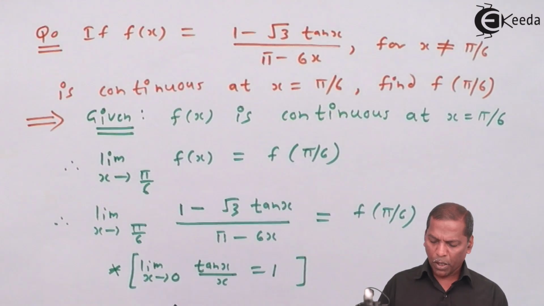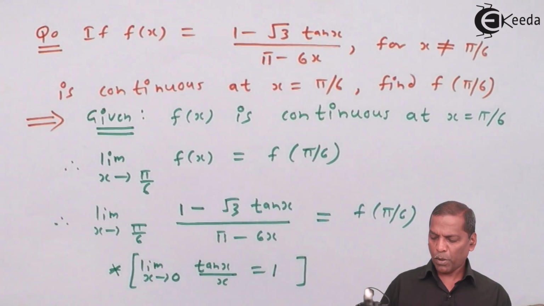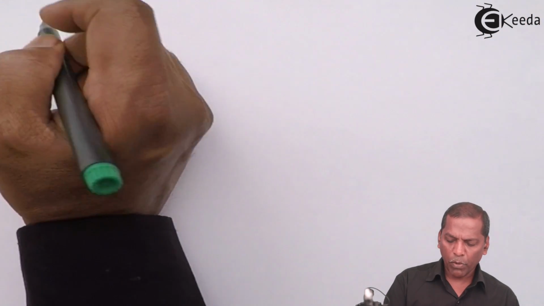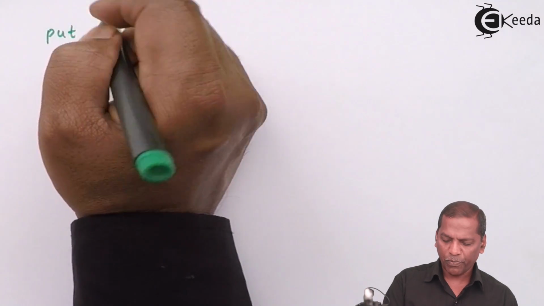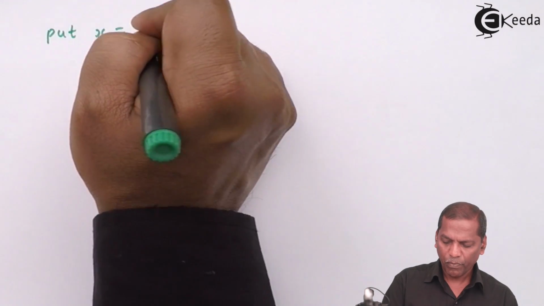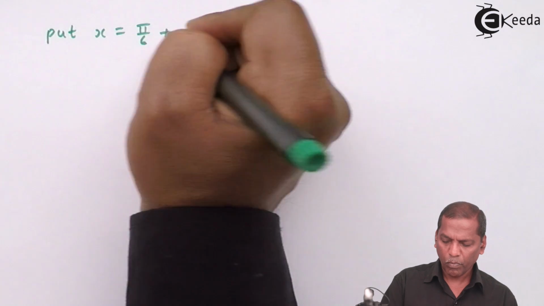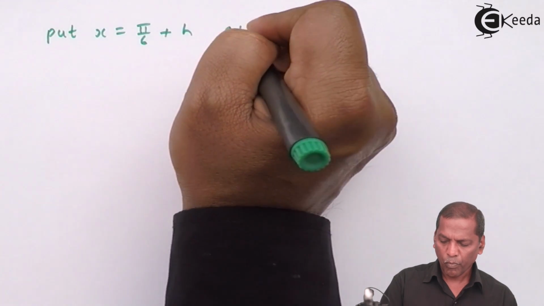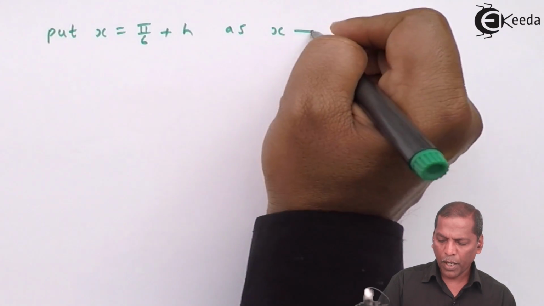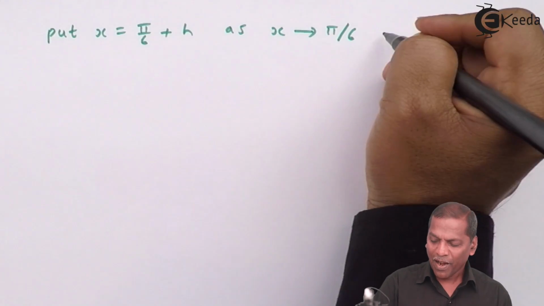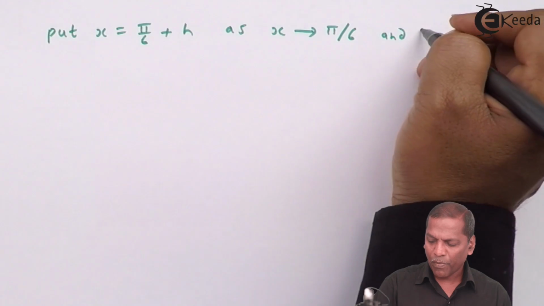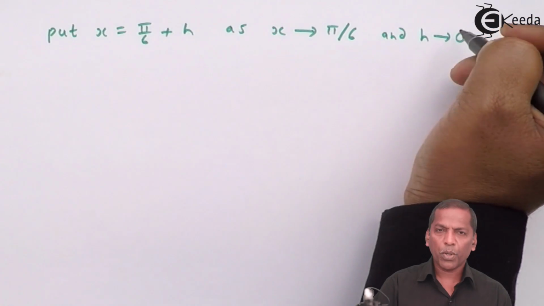In present case, the given limit is x tends to pi by 6. It means here we have to put x equal to pi by 6 plus h. As x tends to pi by 6 and at the same time h tends to 0.